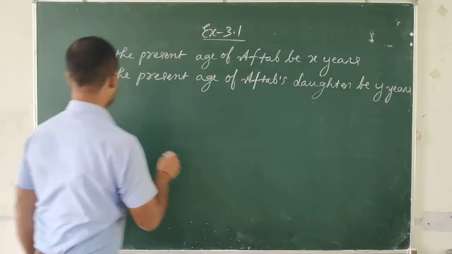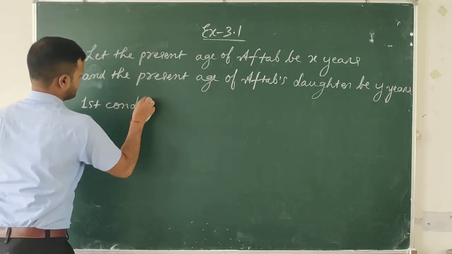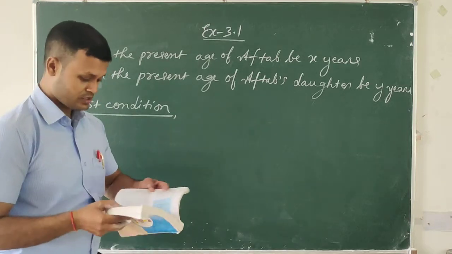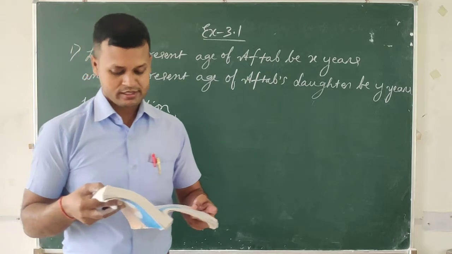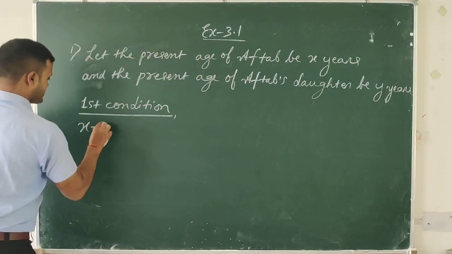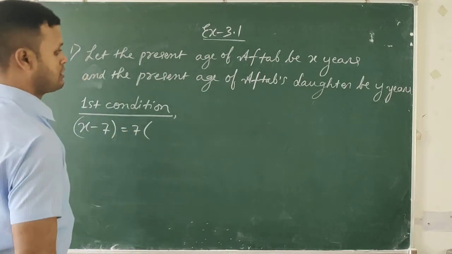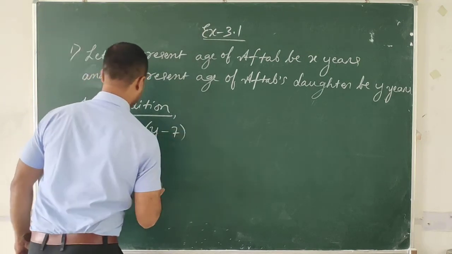So first condition is 7 years ago I was 7 times as old as you were. 7 years ago, that means x minus 7 into Aftab's daughter y minus 7.